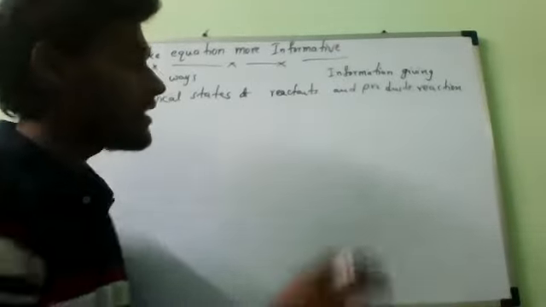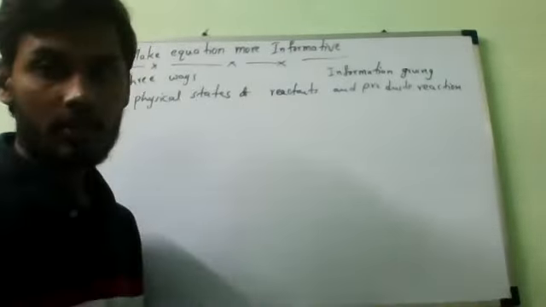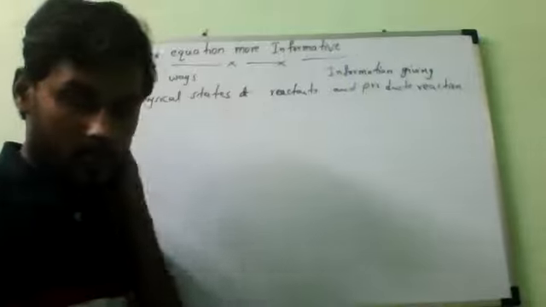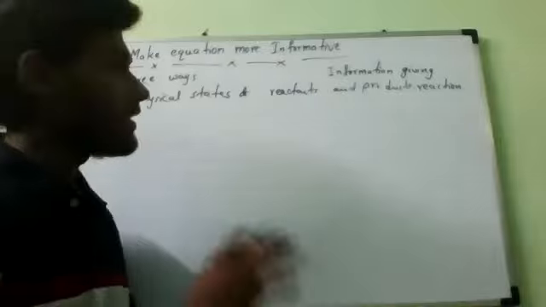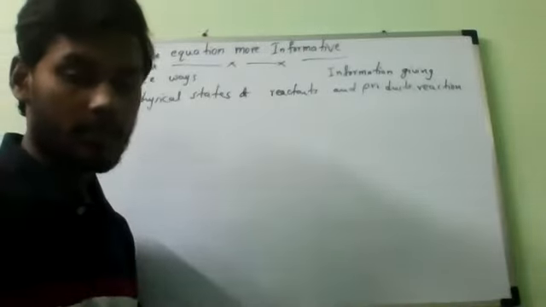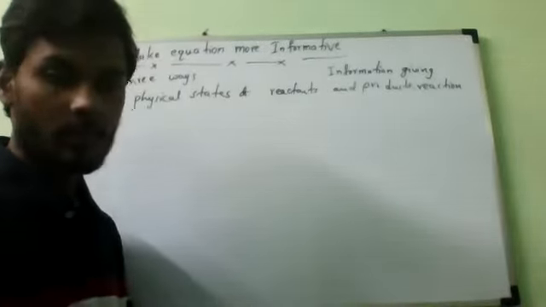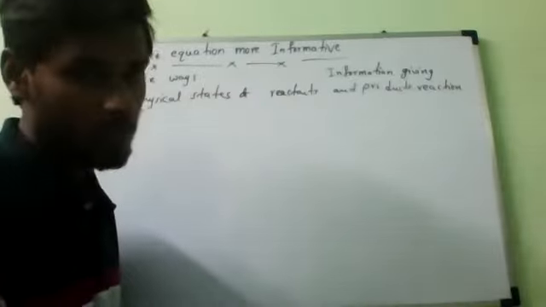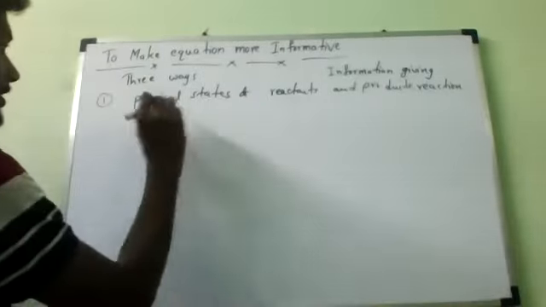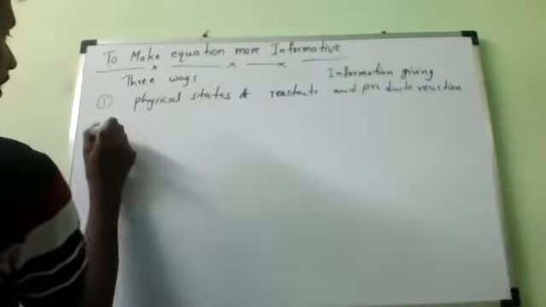Is there any other thing present except reactants and products? No. In a reaction, only reactants and products are present. This is the first method to make the equation more informative.